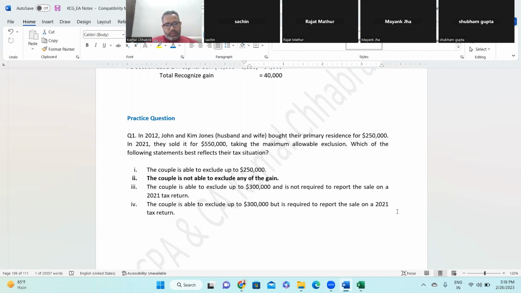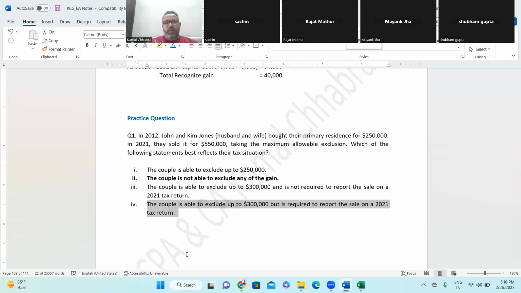This looks right to me. If you see the fourth one, the couple is able to exclude up to $300,000 but is required to report the sale on the 2021 tax return. Right?